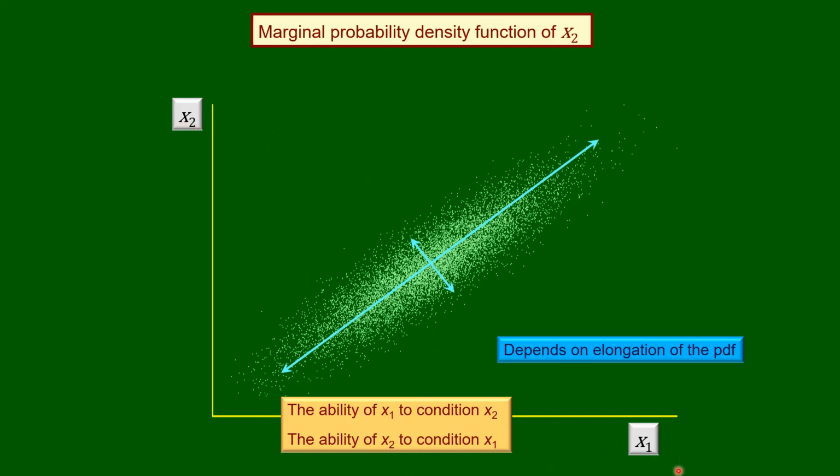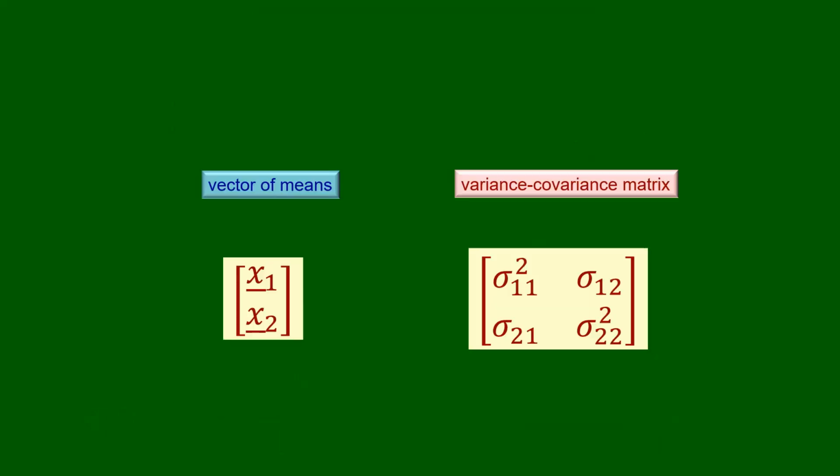The information content that x1 has about x2 and vice versa. And that'll be related to the ratio of the axes of these clouds, how much longer one axis is than the other, and also the angle that that cloud of points makes with either one of those axes.